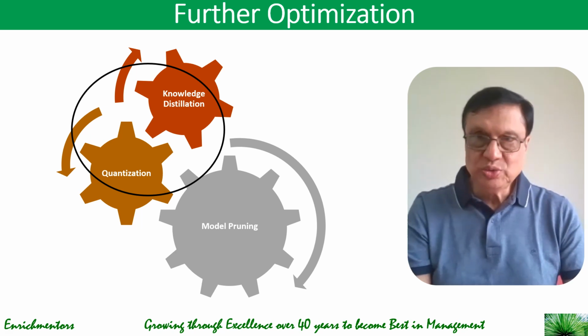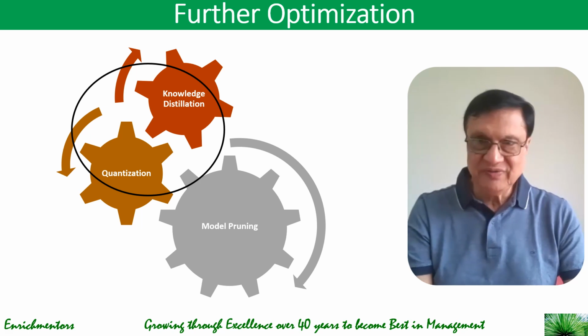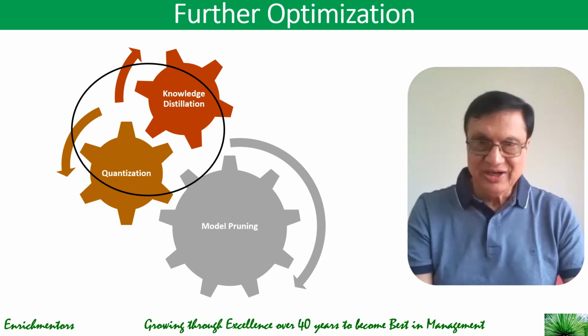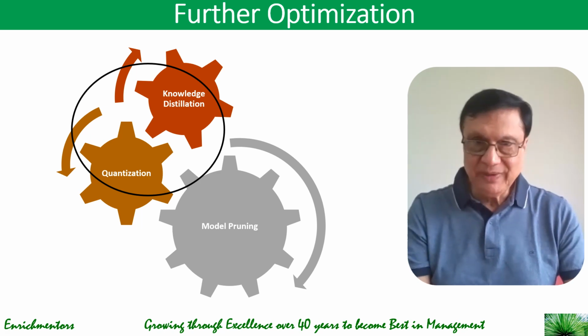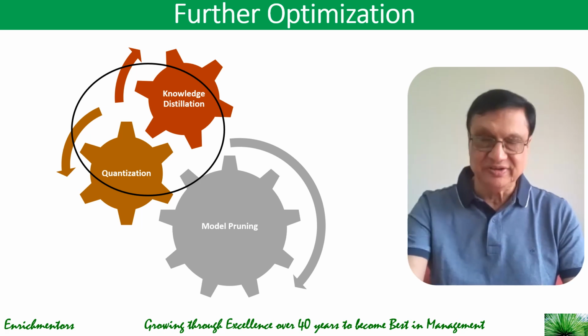After pruning, you can further optimize the model using techniques such as quantization, where you reduce the precision of the weights and activations from float 32 to integer 8, and knowledge distillation, where you train a smaller student model to replicate the behavior of a larger proven successful teacher model. So by carefully applying these techniques, you can achieve a smaller and faster model while maintaining acceptable accuracy levels.